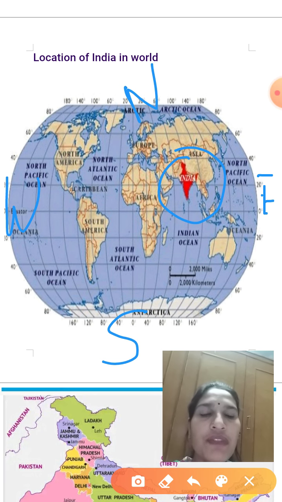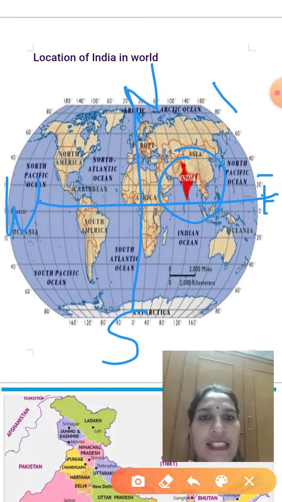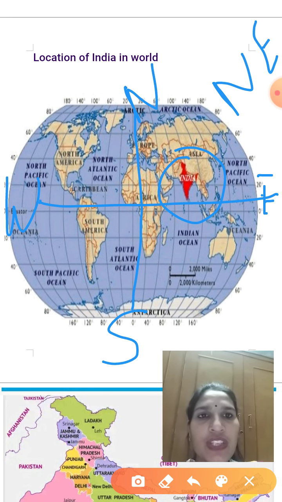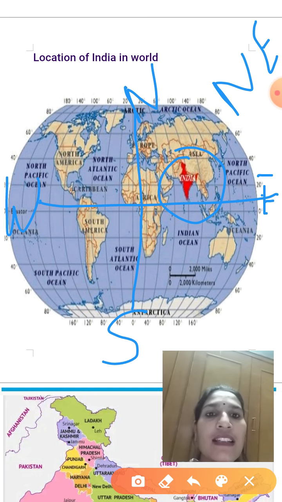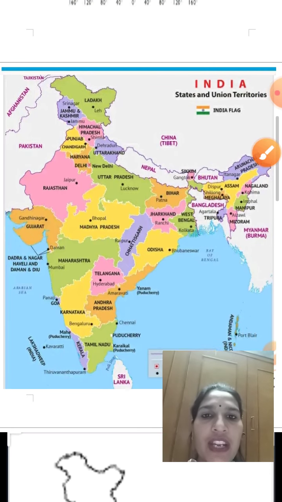So if we see the direction of India on the world map, basically it is the northeast direction.